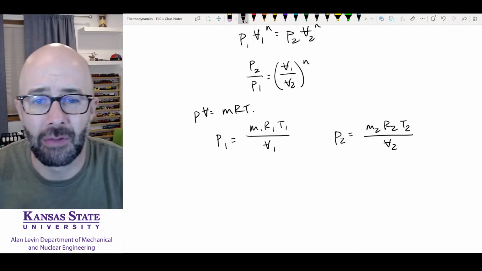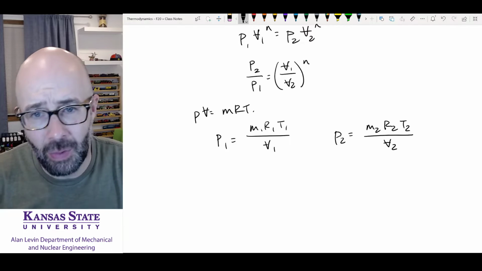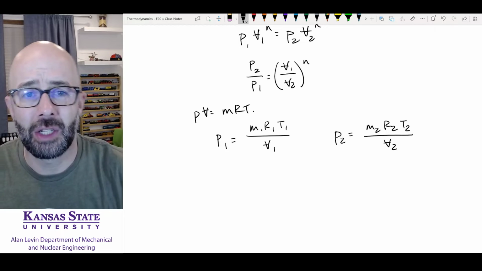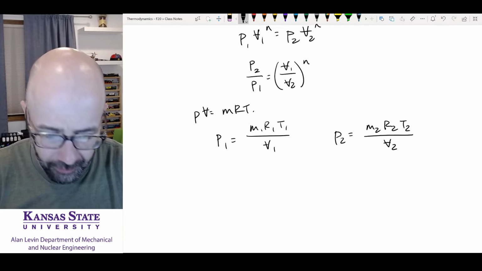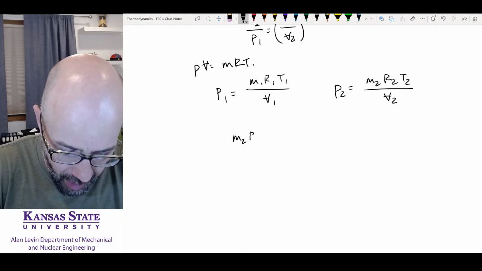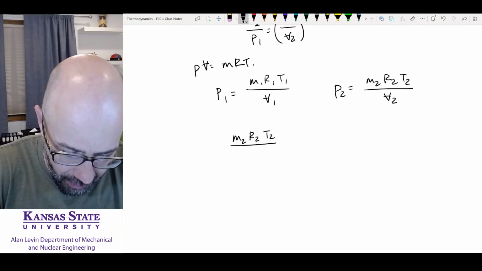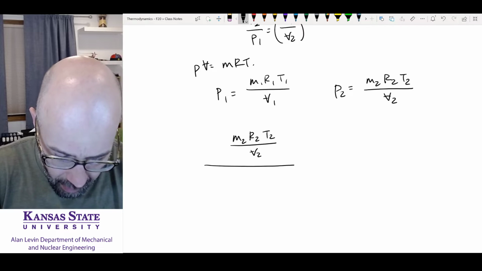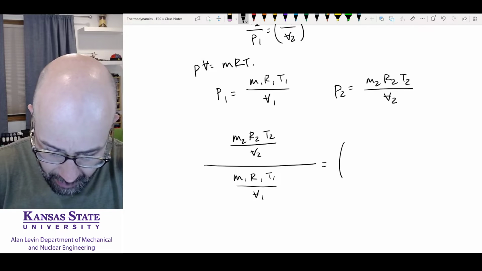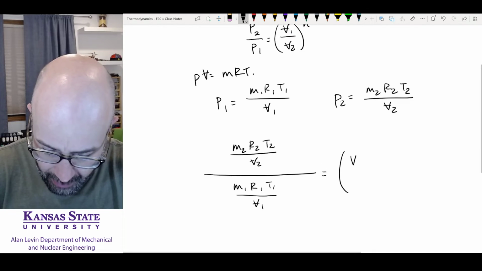So we want to plug this description for P1 and P2 back into the original equation. And if we do that, we get m2 R2 T2 all over V2, over m1 R1 T1 all over V1, and that's going to equal V1 over V2 to the n.